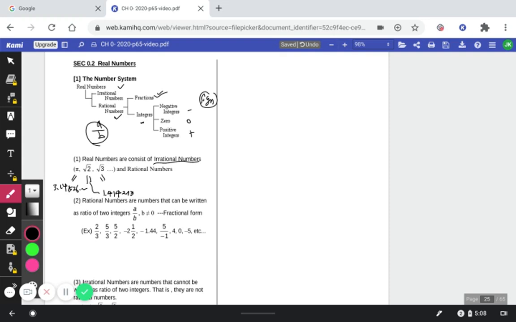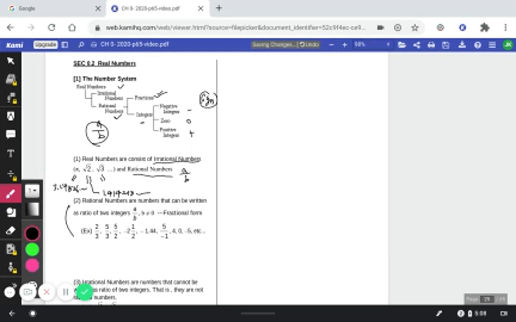Now, rational numbers are the numbers that have an ending, and you can express them in terms of a fractional format, like A over B. So again, rational numbers are numbers that can be written as a ratio of two integers, A over B, where B is not 0.